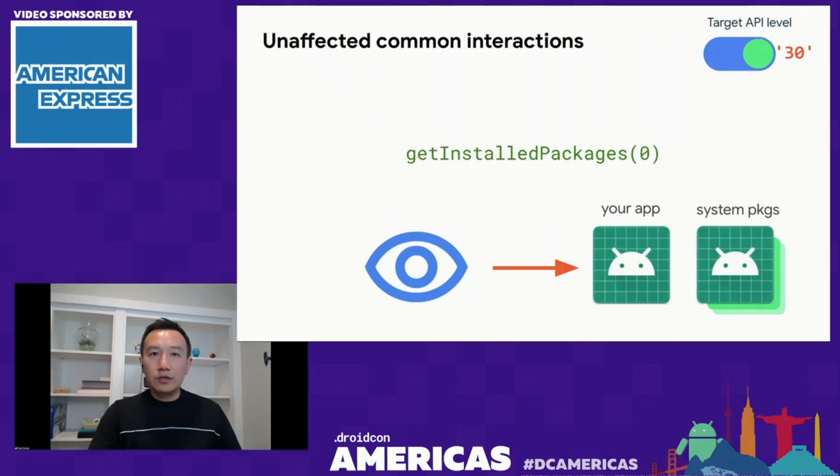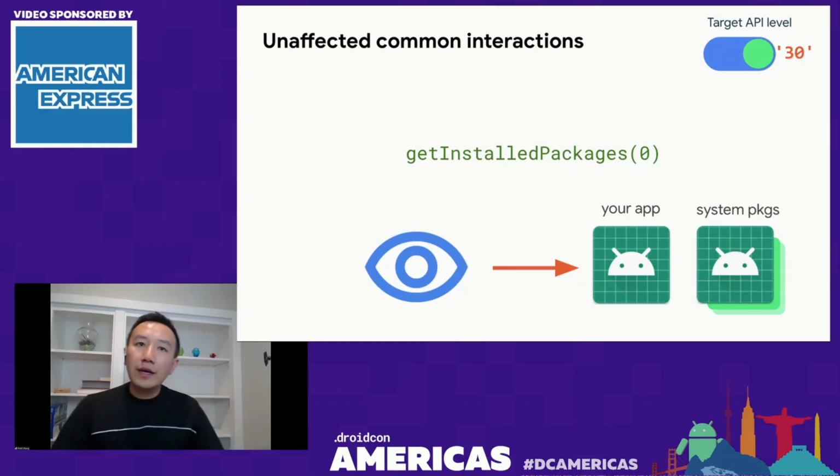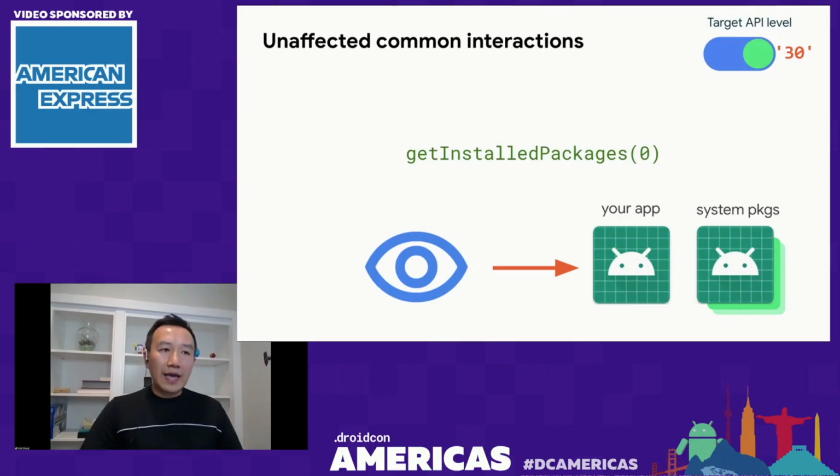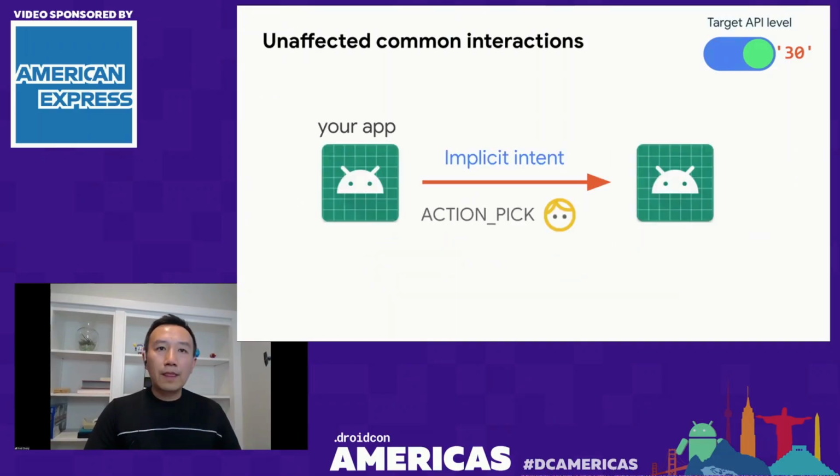So no change, which is good. And for this API, if you pass in a 0 parameter, again, we are talking about apps that target API level 30, it will return only the calling app, which is yourself, as well as a set of system packages that are needed for the core OS to function.